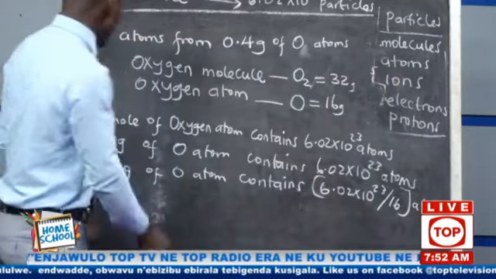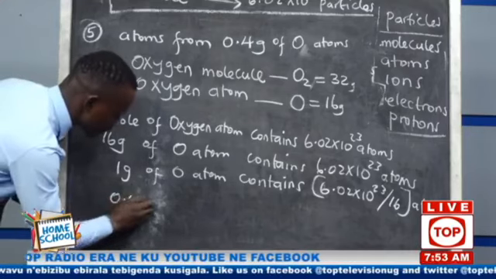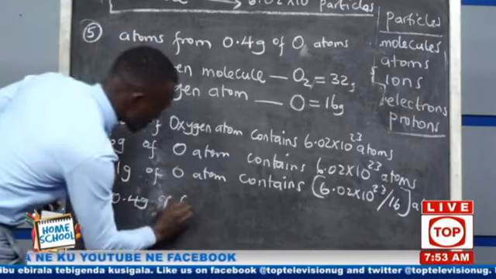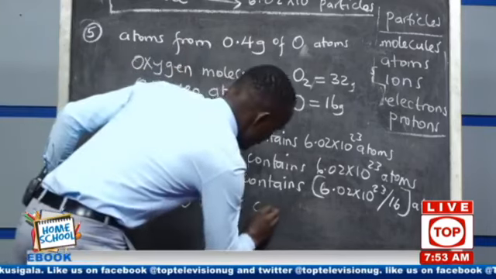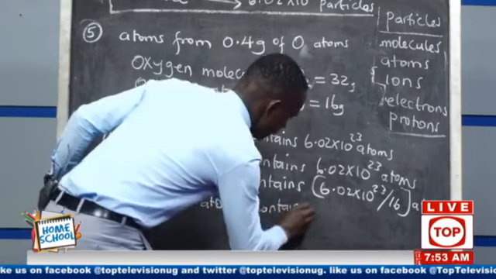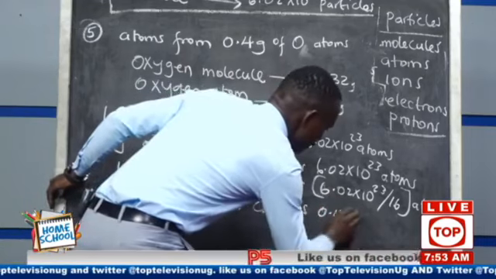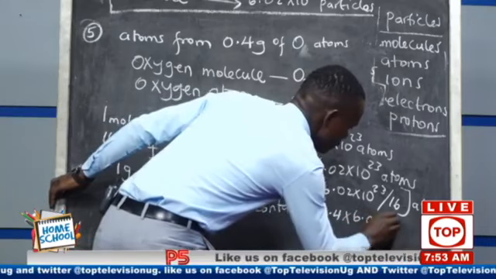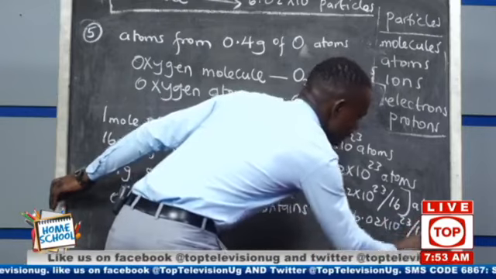Okay? So once we have what is in 1 gram, we can find what is in 0.4 grams of oxygen atoms. And we say they contain 0.4 times 6.02 times 10 power 23 divided by 16.